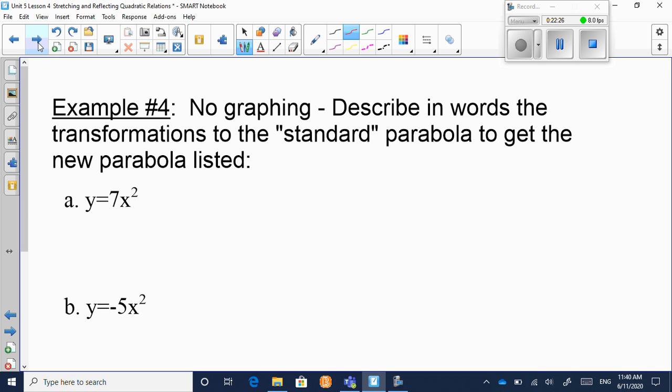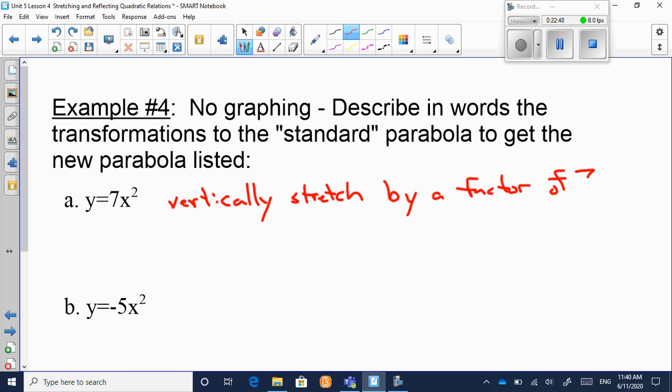If I gave you y is equal to 7x squared, you could basically say you would vertically stretch the original parabola by a factor of 7. So you'd take all your original y values and multiply them by 7 to get the new one.